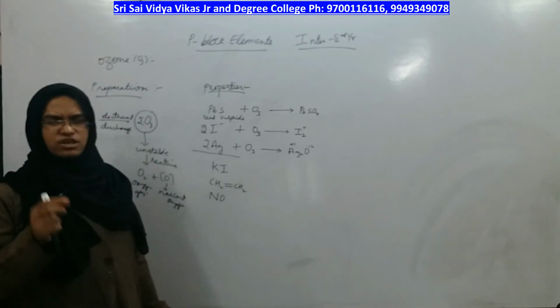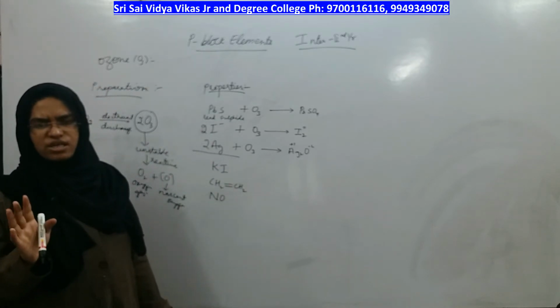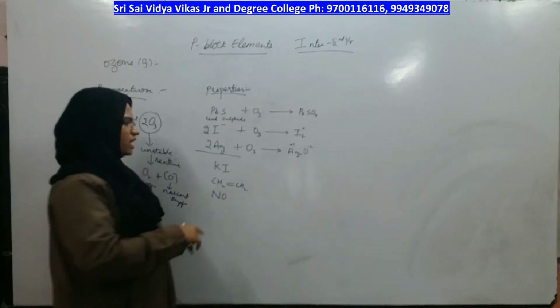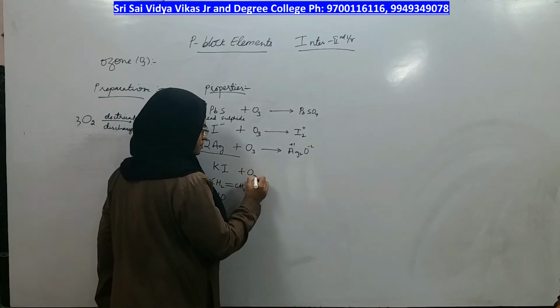So in titrations we use hypo as a standard solution, but to get iodine you need ozone.